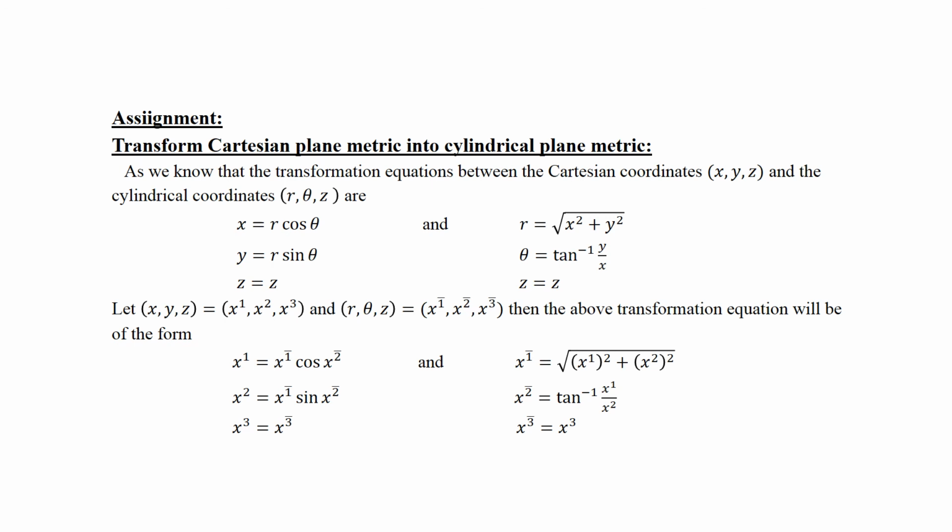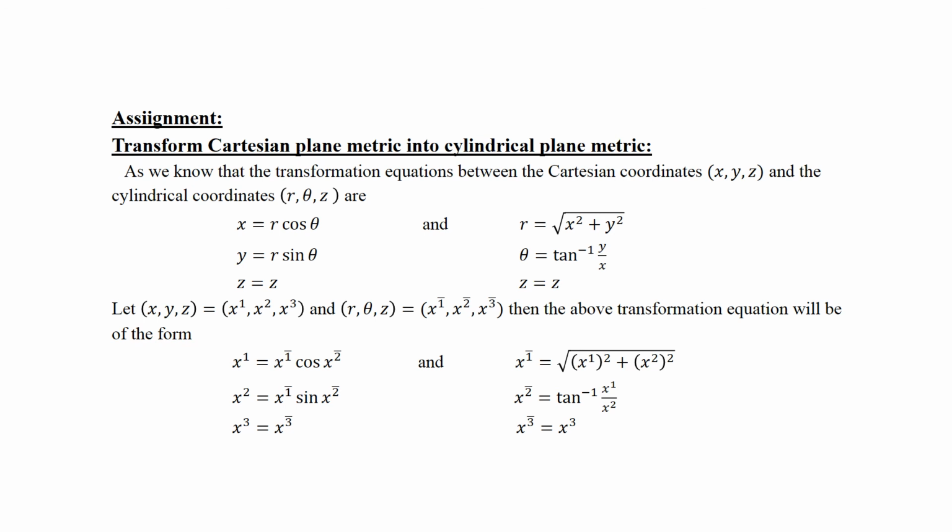As we know, the transformation equations between Cartesian coordinates x y z and the cylindrical coordinates r theta z are: x is equal to r cos theta, y is equal to r sin theta, z is equal to z, and r is equal to square root of x square plus y square, theta is equal to tan inverse y over x, z is equal to z. Let x y z be x1 x2 x3 and r theta z be replaced with x1 bar x2 bar x3 bar.